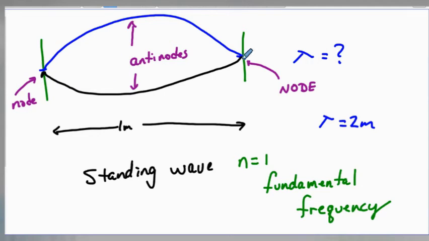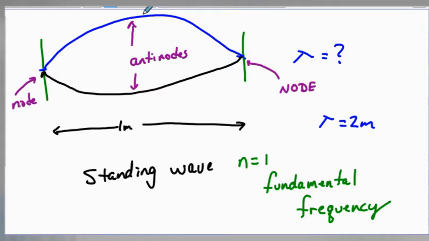So when we've got this wavelength here of 2 meters, that is the fundamental frequency of this wave. And we have other frequencies that would also work, and they're going to be referred to as overtones.